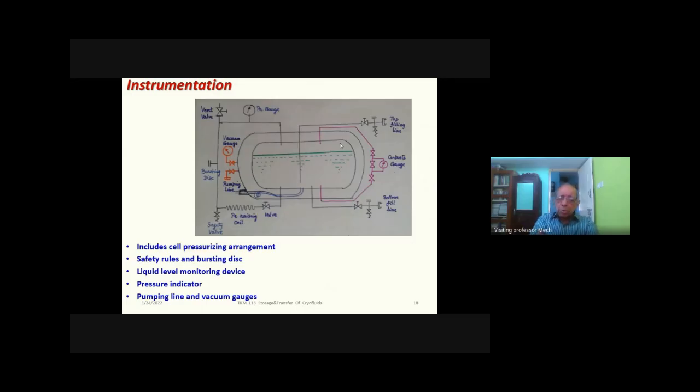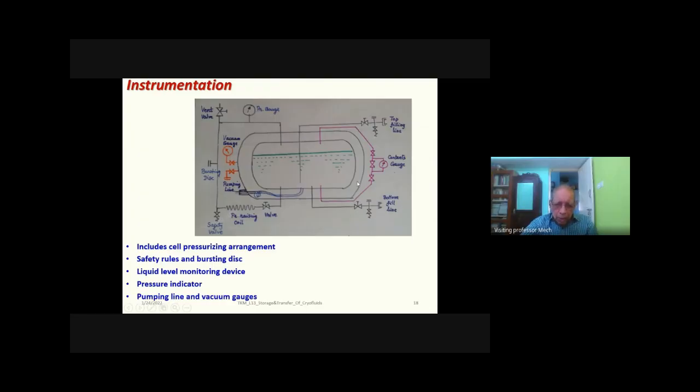Let us look at the instrumentation on a cryogenic tank. You can see here you have an inner vessel and an outer vessel. Then there are many things you see on the top of the instrumentation. First of all, you have a vent valve which allows the vapor to be vented out, and you can see the pressure on top of the liquid by using this pressure gauge.